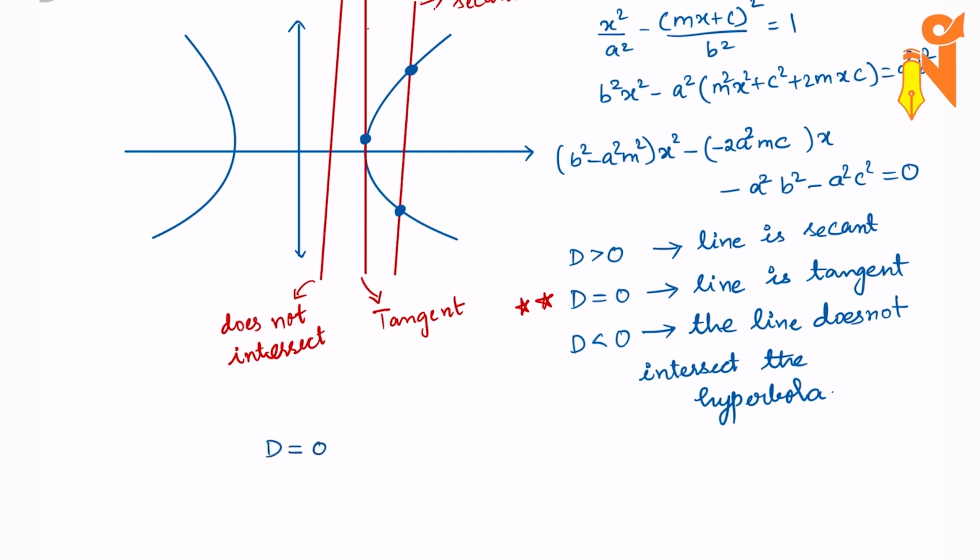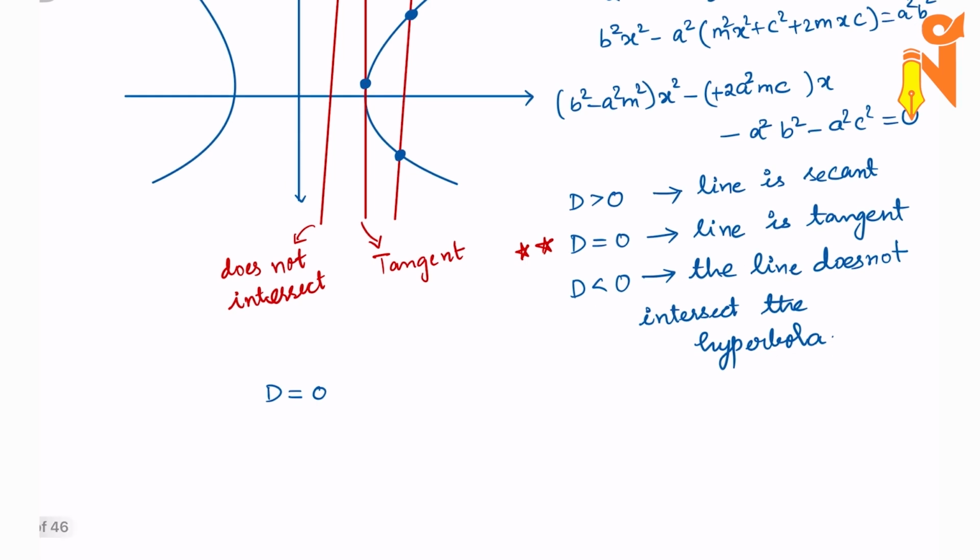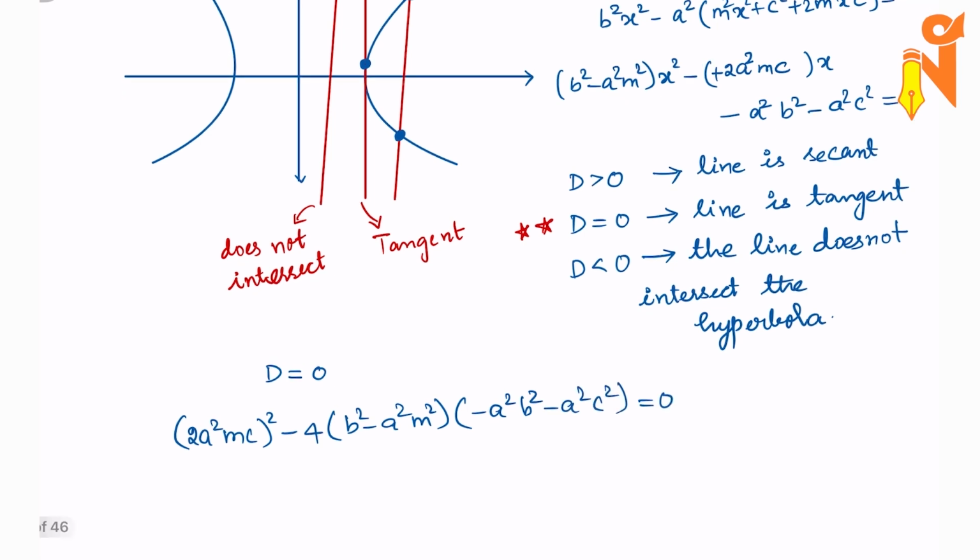When the discriminant is equal to 0, b square minus 4ac is 0. Please note there is a change in the sign here, plus, because we have already taken minus out. So it is basically (2a square mc) square minus 4 into a into c.